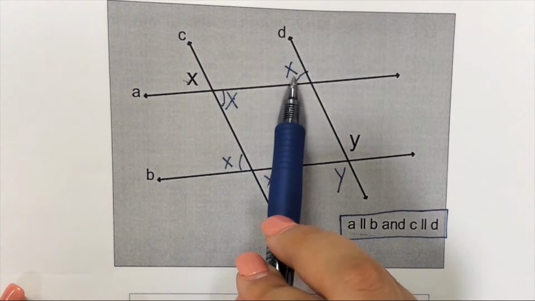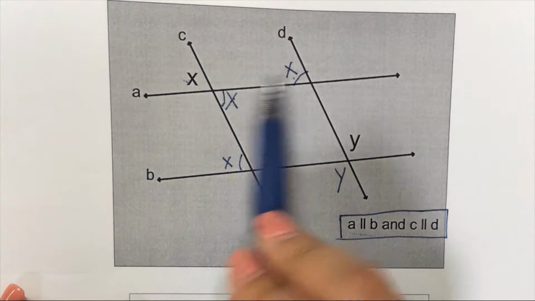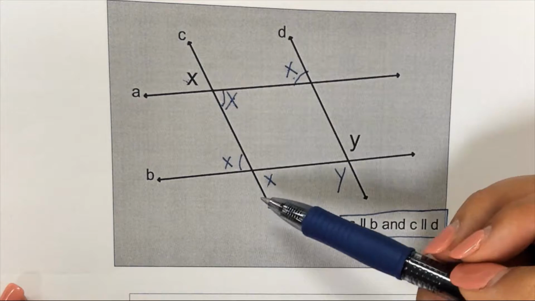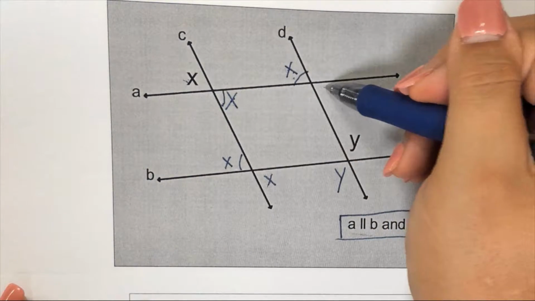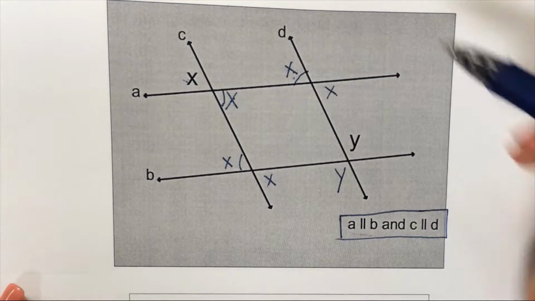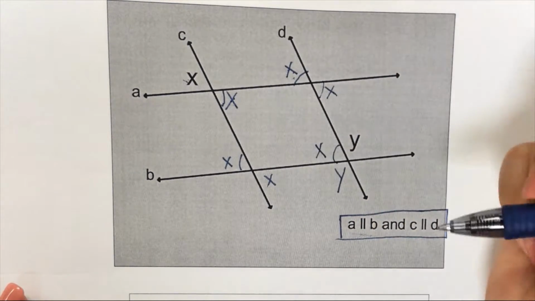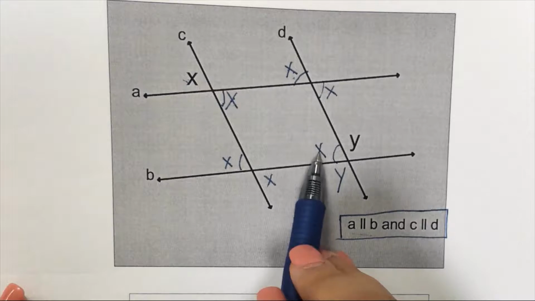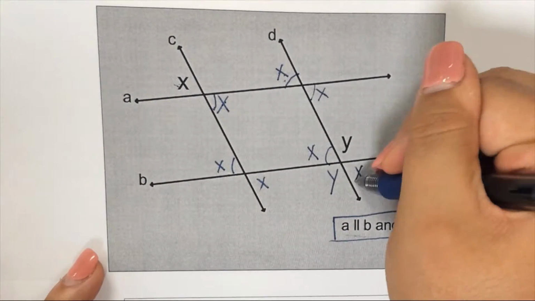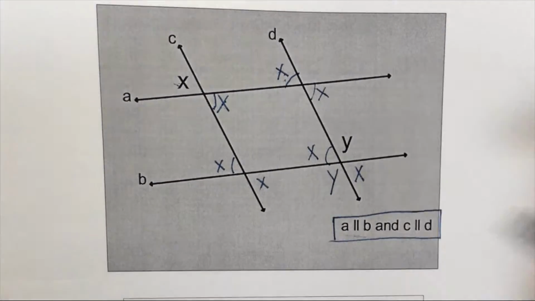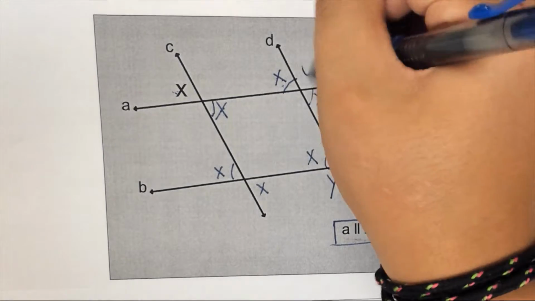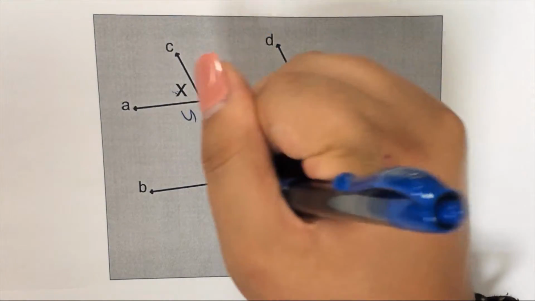And also those are corresponding angles as well because they're top left, top left. And corresponding angles are also congruent. That's X. That's X. And then this one has an alternate interior angle with this one, so it's X. And look, those are corresponding. Corresponding is congruent. And vertical angle. So what do you think is going to happen to the Y's? Everything else is Y.